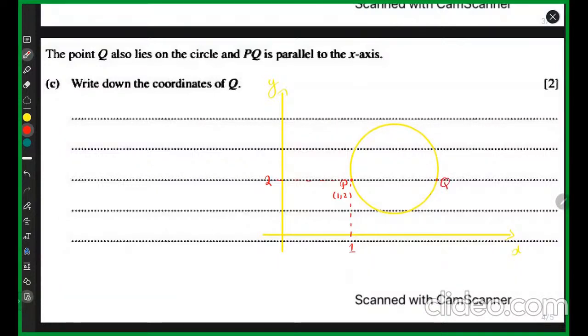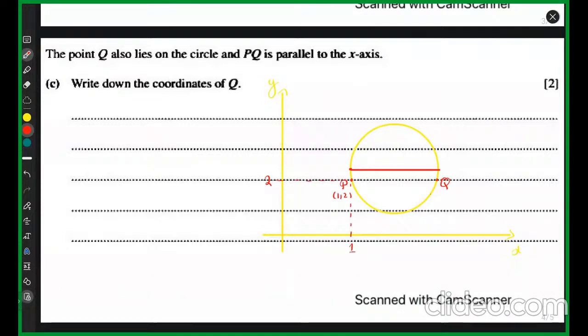And I've been asked to write down the coordinates of Q. Obviously I cannot guess the coordinates of Q by looking at the diagram because I'm not sure where exactly P is. It could be that P is lying over here, and if this made the diameter, things would have been very easy, but they did not specify that PQ would make a diameter. They did not say anything of that type.